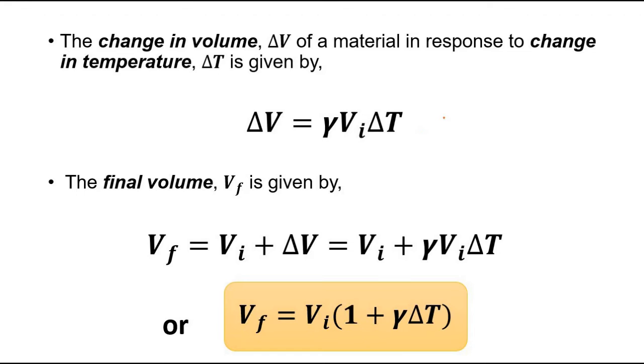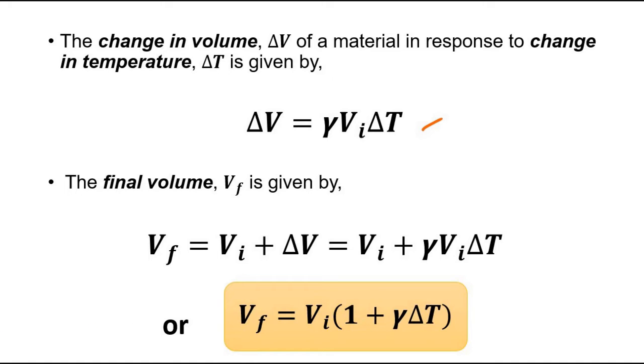Gamma is the coefficient of cubical or volumetric expansion. We have already discussed it. So the final volume is expressed as initial volume plus increase in volume: Vf is equal to Vi into (1 plus gamma delta T).